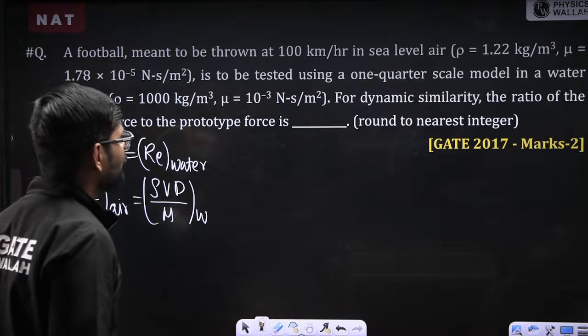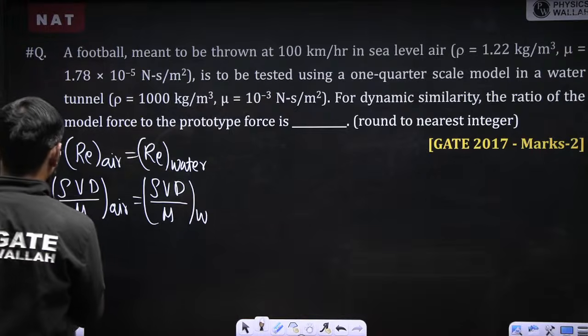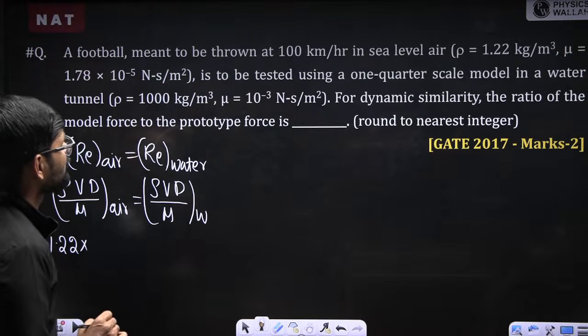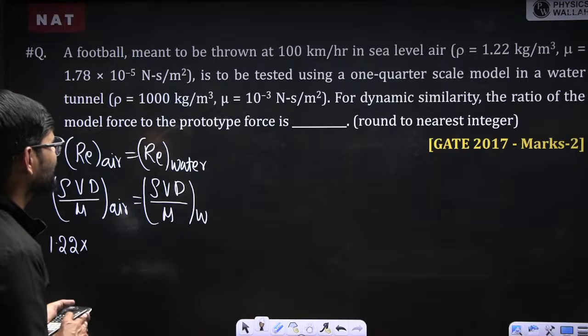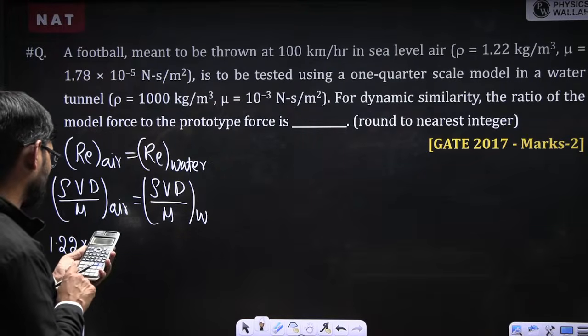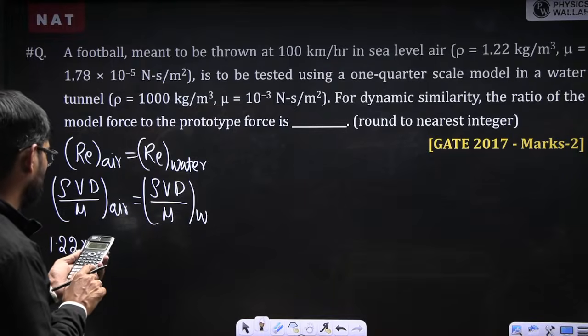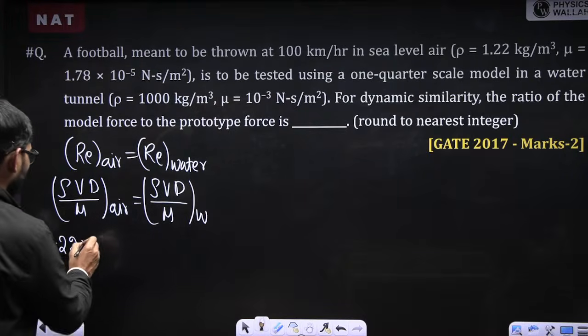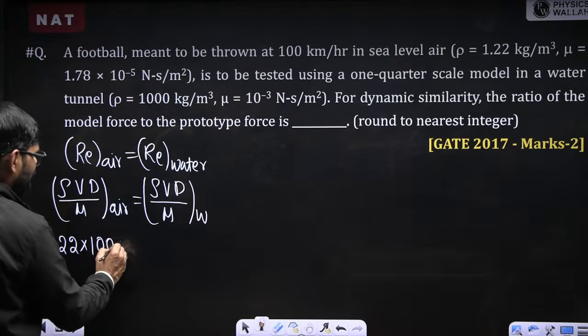So in air rho value is 1.22, into velocity 100 km per hour. Should I write velocity in meter per second? Yes, meter per second will be fine. Okay, first I'll write 100, we'll convert later.